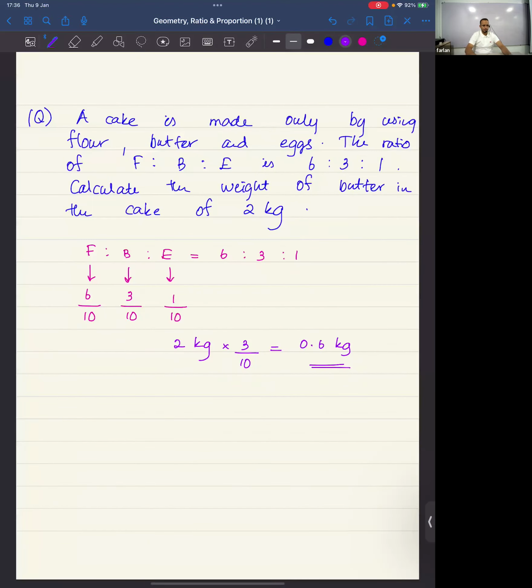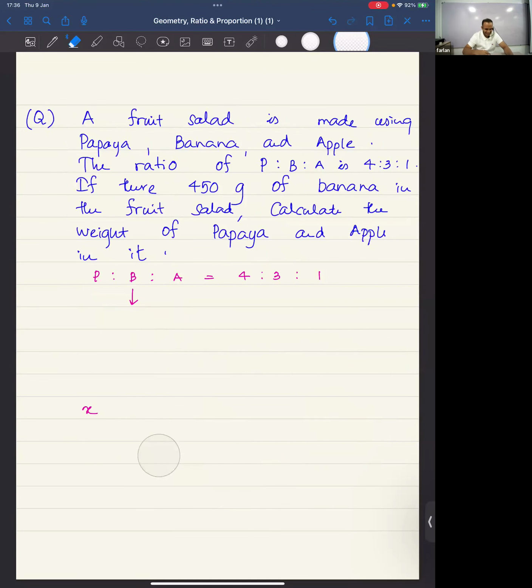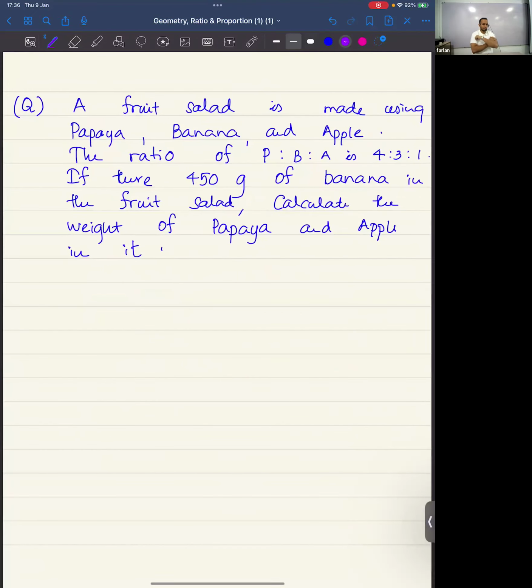Right. The next one. A fruit salad is made using papaya, banana, and apple.